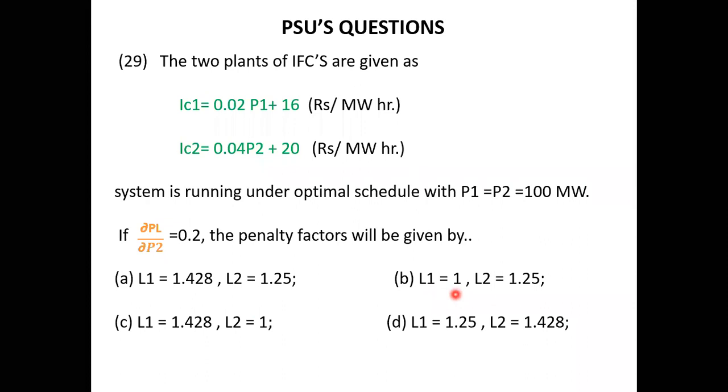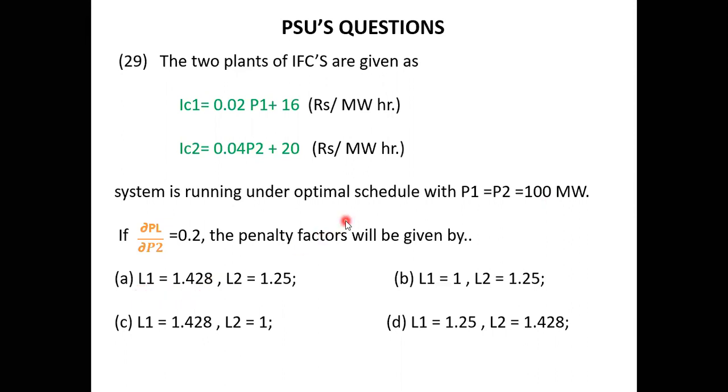But is there any information in your given data about where the load is present? No. No data is related to where the load is. So we cannot say here that the L1 value equals 1. And one more thing: P1 equals 100 and P2 equals 100. So easily we can pick the L1 value as 1.428.